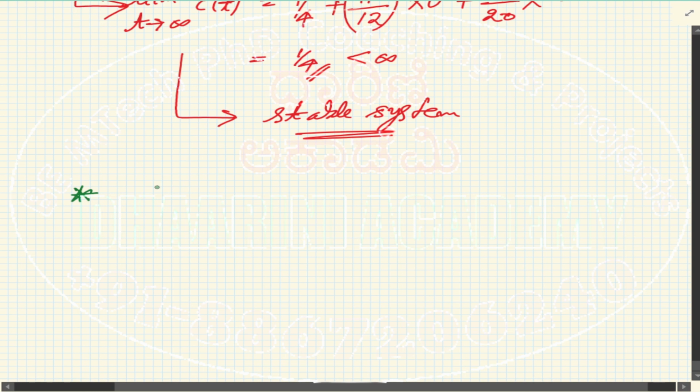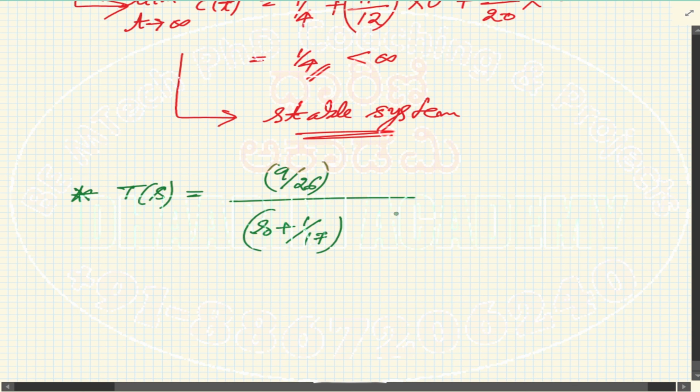So the transfer function is equal to 9 over 26 whole divided by s plus 1 by 17 into s minus 3 by 16 into s minus 6 over 37.